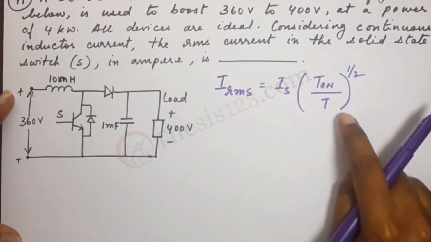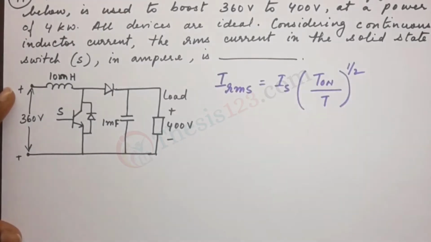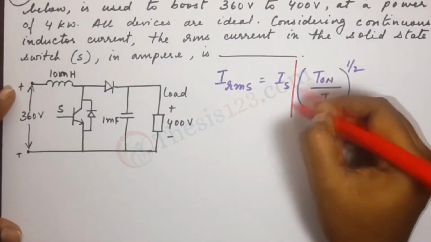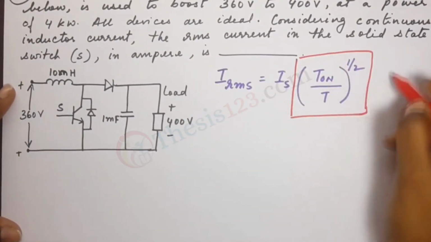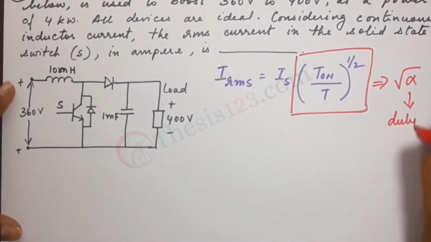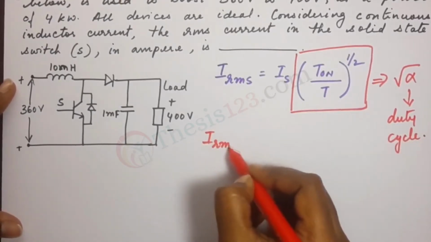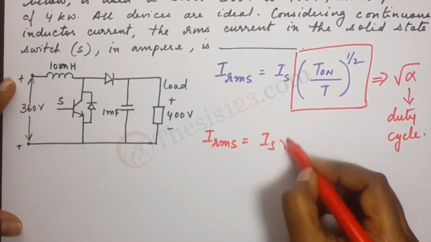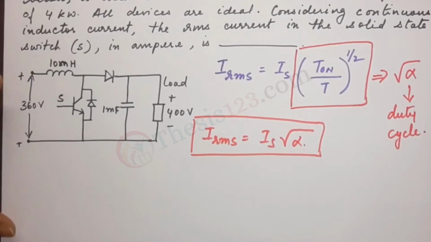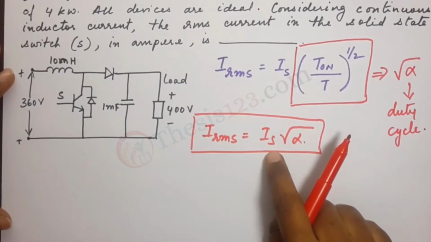So T on by T to the power of 1 by 2 can be written as root alpha, where alpha is the duty cycle. So IRMS is IS into root alpha. Here is an important relation that will help. So now we need to figure out what alpha is and what IS is.